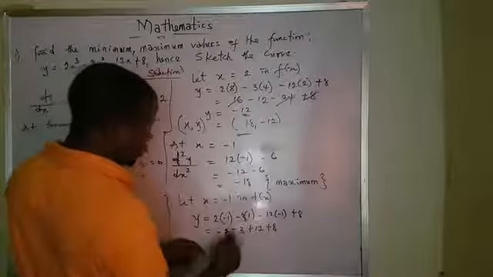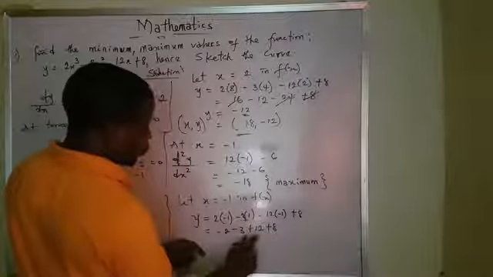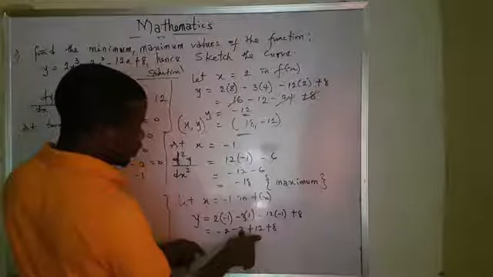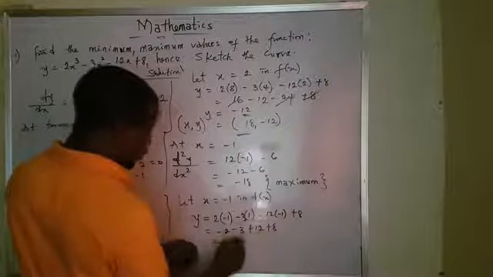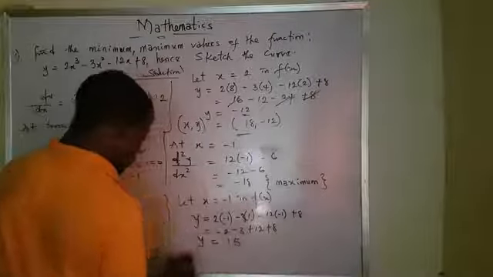What we have, this is minus 5. Take away 5 from here, we have 7 left. 7 plus 8, 15. So y is equal to 15.